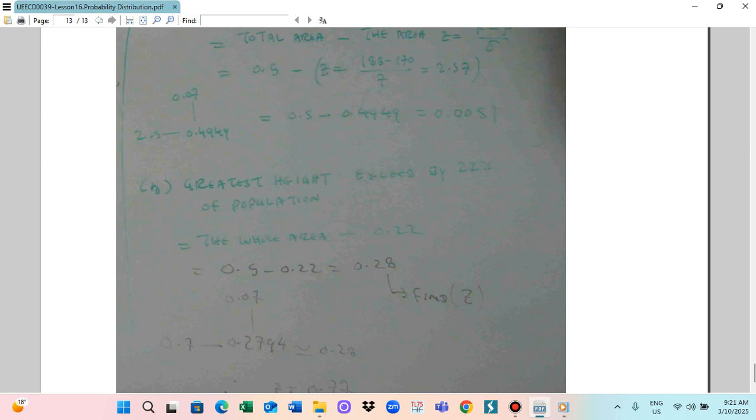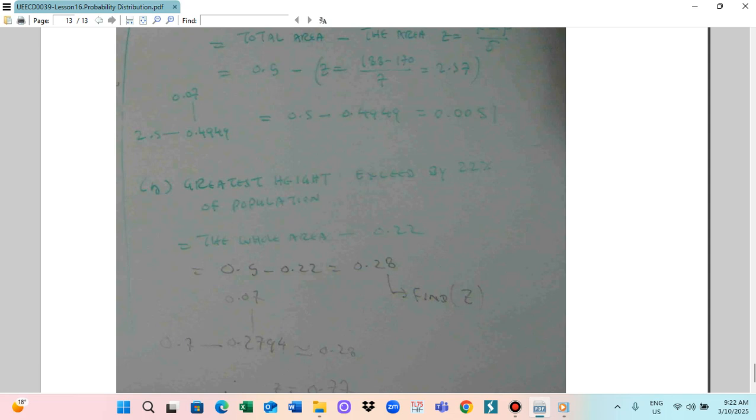In this case, the area for 22% of the population can be calculated as the whole area minus 0.22, and then you have to find the Z. The whole area is 0.5, so 0.5 minus 0.22, which gives 0.28.